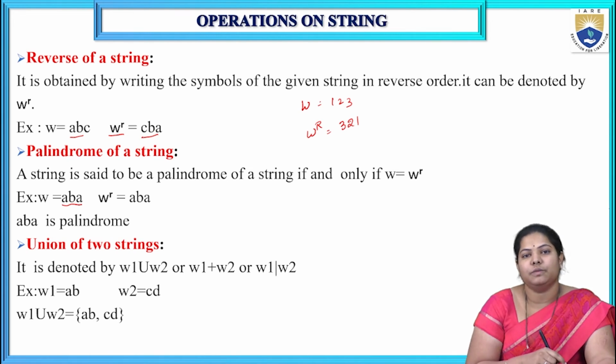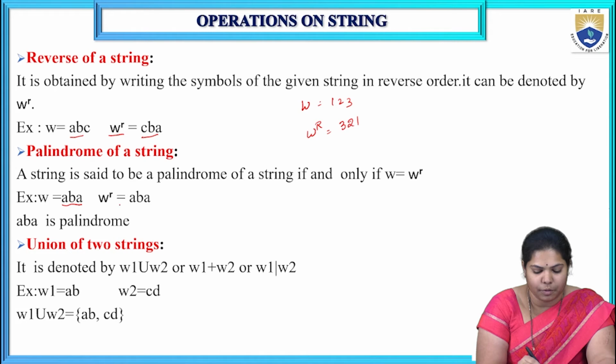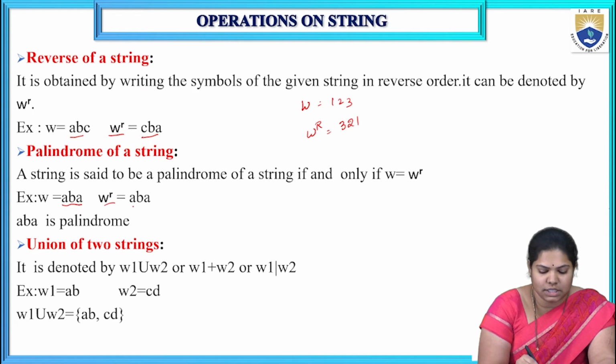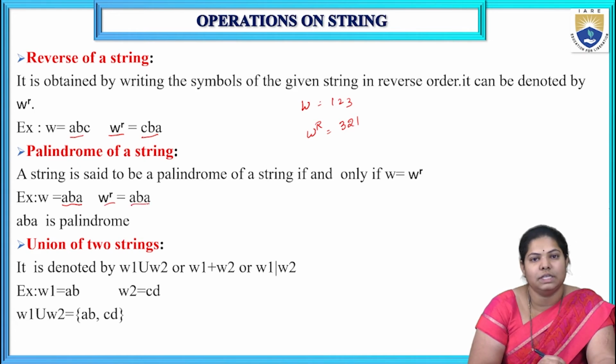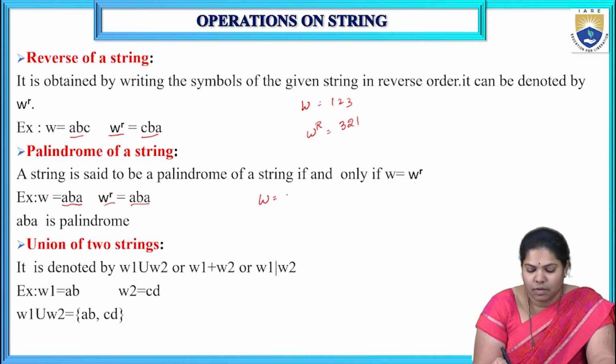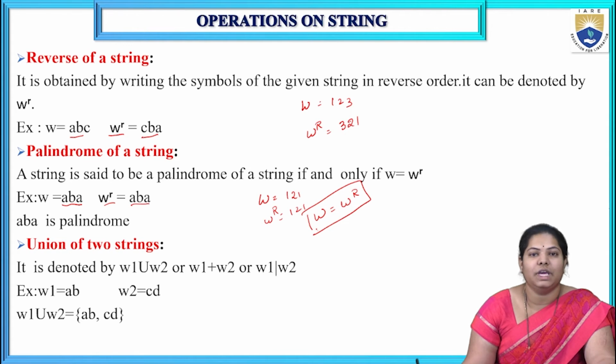If I take the reverse of that string, W power of R, it should be the same as the string I have taken. That is, the reverse of the string is also ABA. If the string is 1, 2, 1, the reverse of that string is 1, 2, 1 again. So whenever W is equal to the reverse of the string, we call it a palindrome.